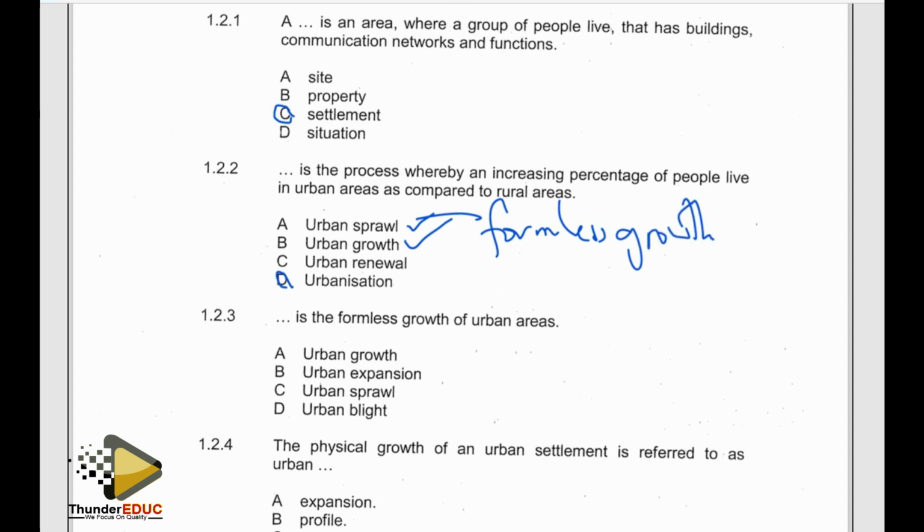For example, when we have informal settlements sprouting and growing, it's an example of urban sprawl. They are formless and unplanned for. It is a situation whereby the urban area grows without a defined form or shape. So it's formless, or shapeless, or uncontrolled growth. The urban area just grows anyhow, in any direction, without following a proper plan.